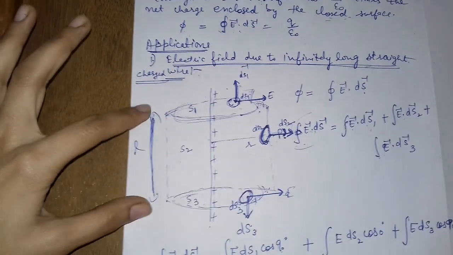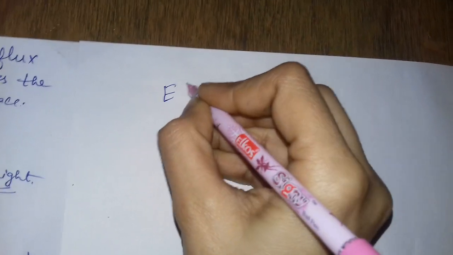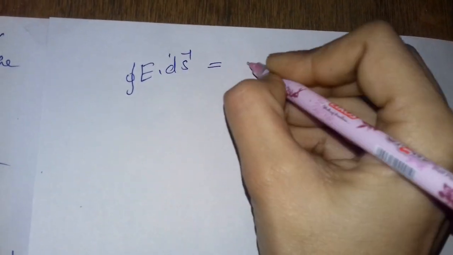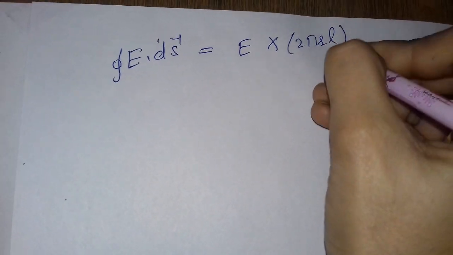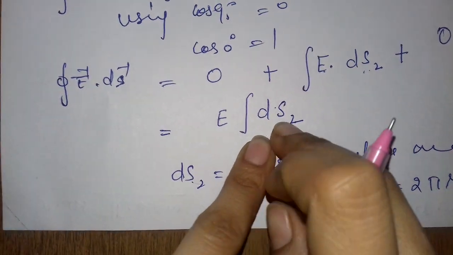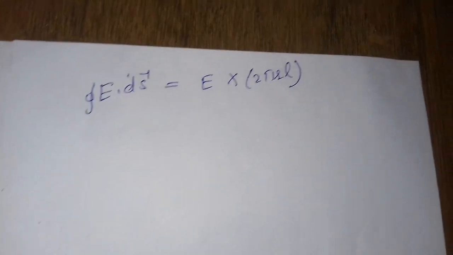This is your L, 2 pi r L. Then we will use that the closed integral of E dot ds is equal to E into 2 pi r L. That is, I have substituted the value of the integral of ds2 as 2 pi r L, right?